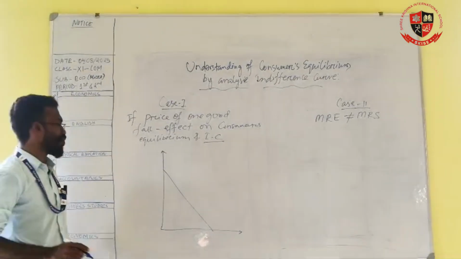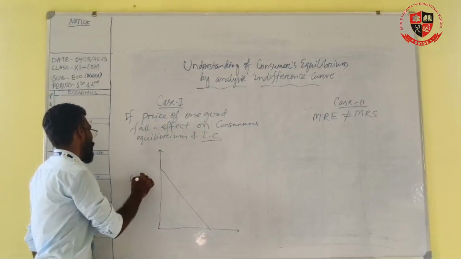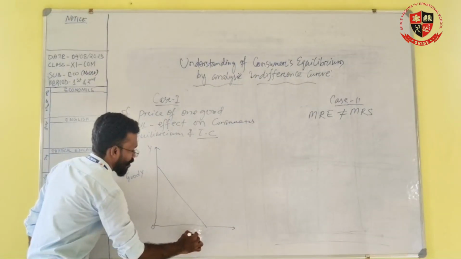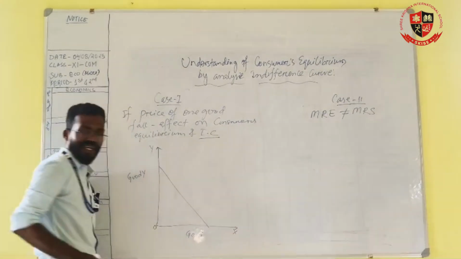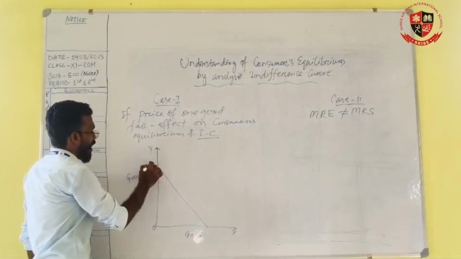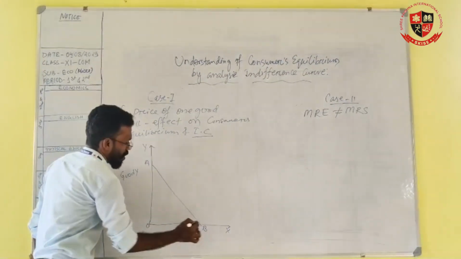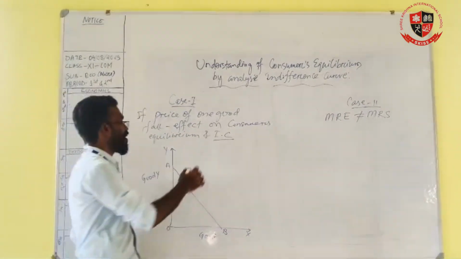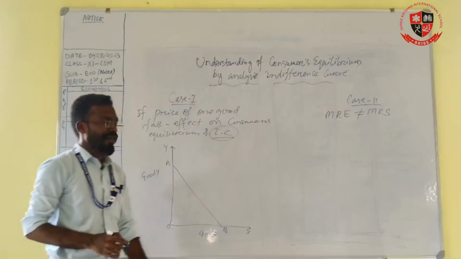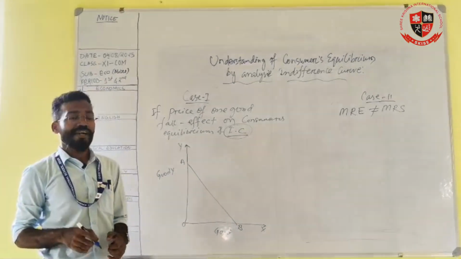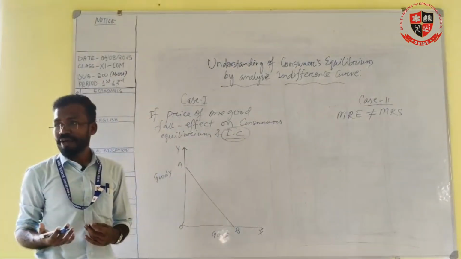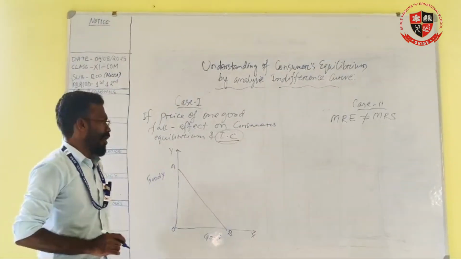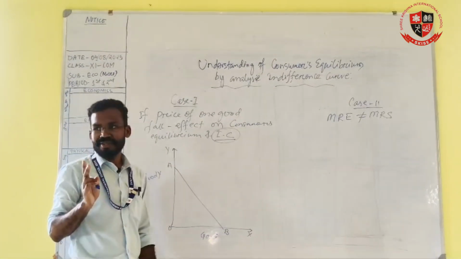Suppose there are two goods, good Y on the y-axis and good X on the x-axis, and AB is the budget line. In the indifference curve approach, in which condition will a consumer attain equilibrium? He has to fulfill two conditions.